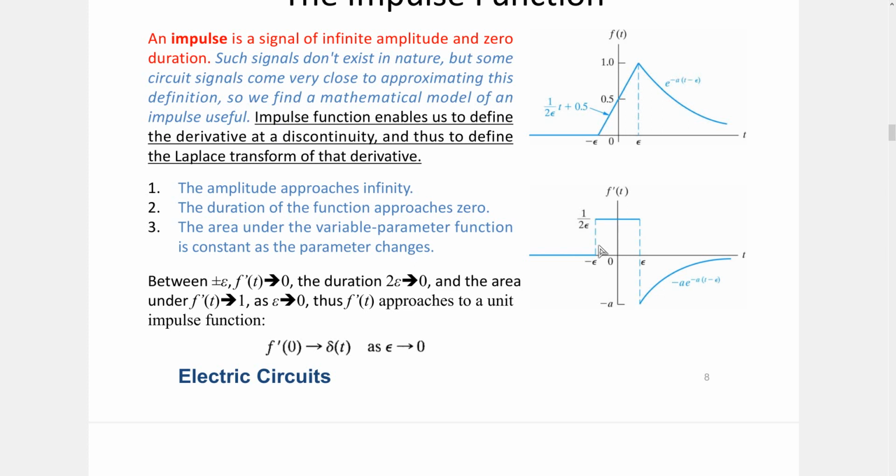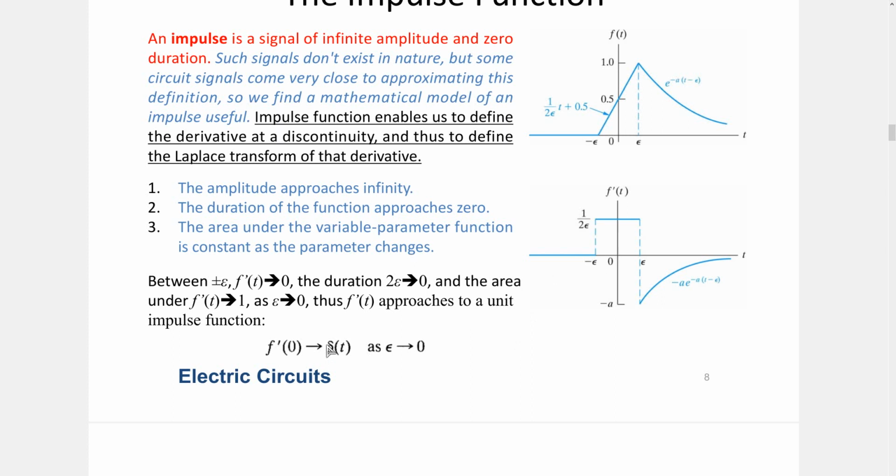This is why, at the very boundary, we think that the impulse function will have infinite amplitude with zero duration as we take epsilon, this infinitesimally small number, to 0. And typically the area is taken as unity, and as epsilon approaches 0, we say that the function between plus and minus epsilon approaches the unit impulse function denoted by delta.